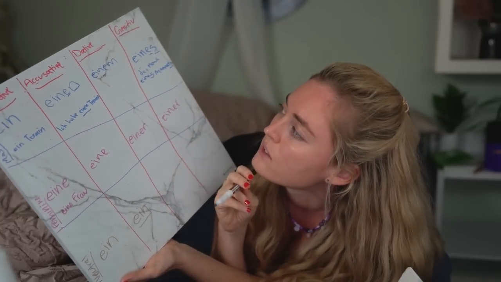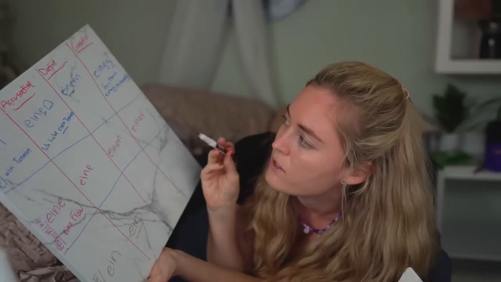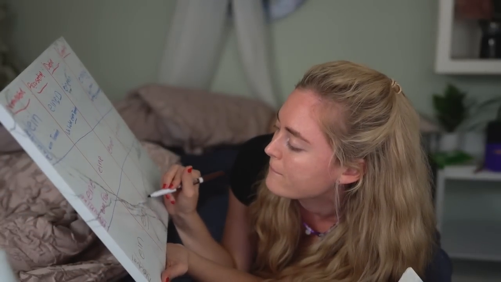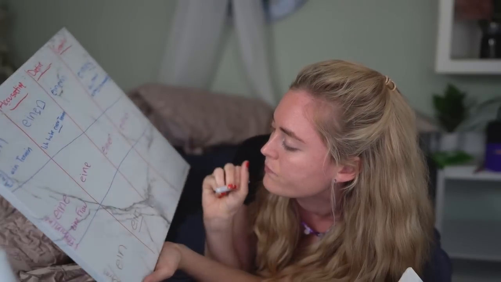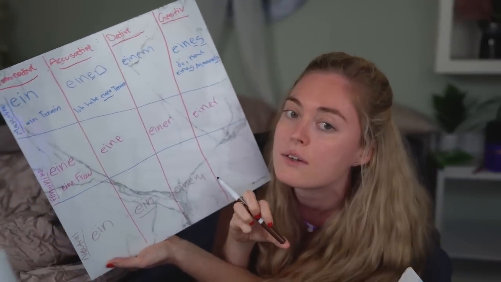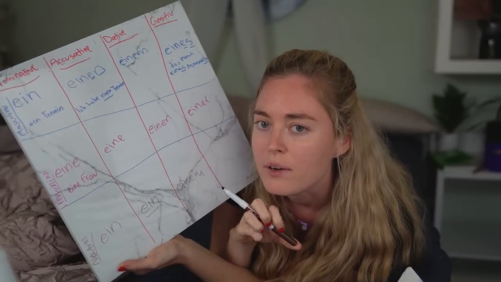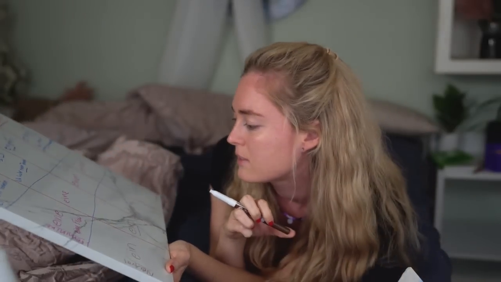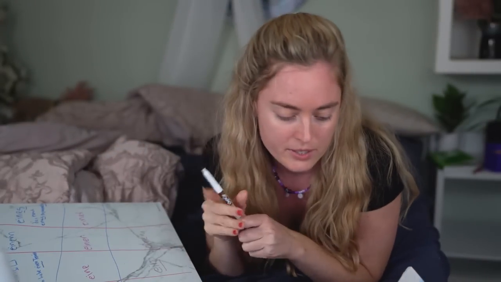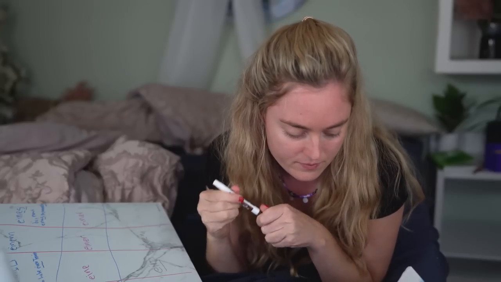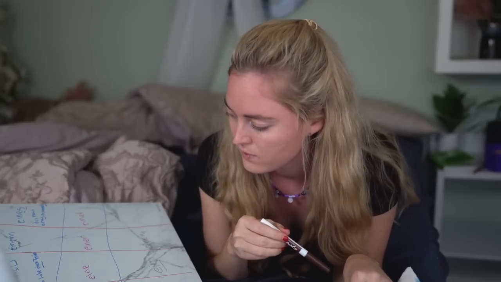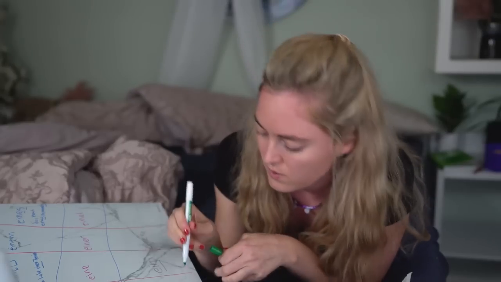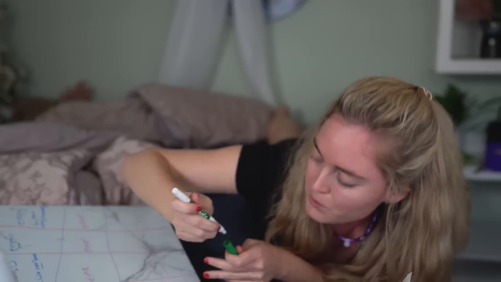So dative is gonna be just like masculine. So einem. I don't know if it's showing up on camera. Maybe I should change it to green. Yeah, I'm gonna do that really fast. Oh no, that's really light colored too.